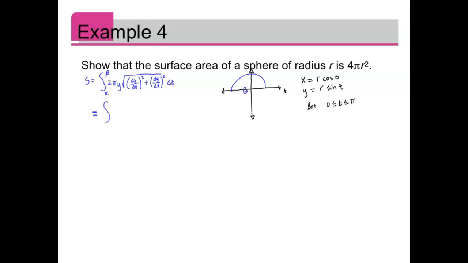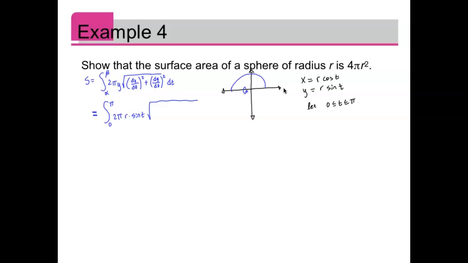We want to integrate from 0 to pi. It's going to be 2 pi times y. Remember that our y is r sine t, so I'm going to replace y with r sine t. And then I have the square root of dx/dt squared plus dy/dt squared.